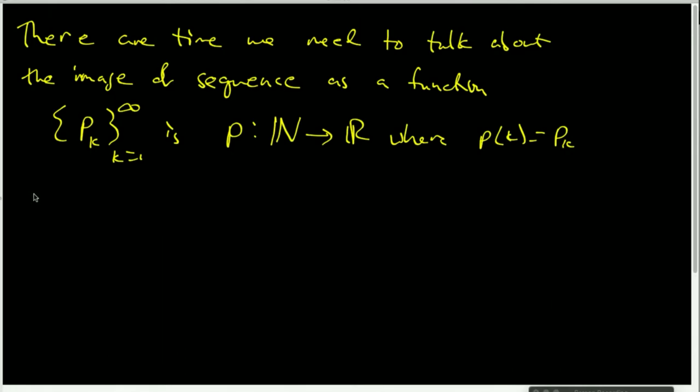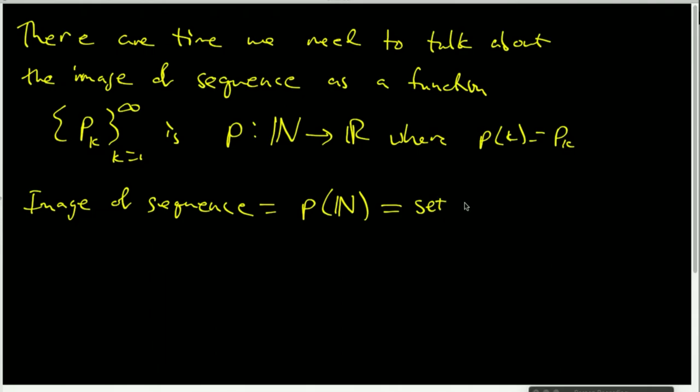And if I want to look at the image of the sequence, I'm going to denote that as P of capital N, and this is a set. In other words, it is an unordered list where we typically have no duplicates, because in a set we can get rid of the duplicates.